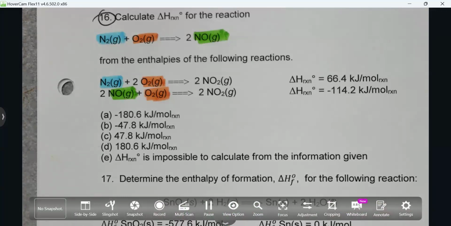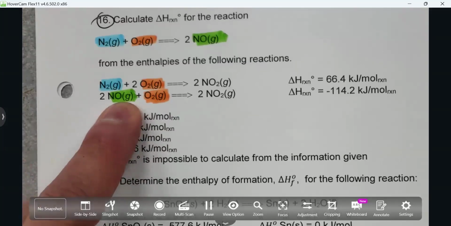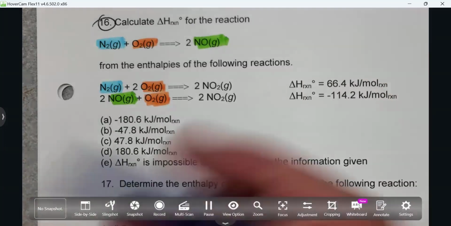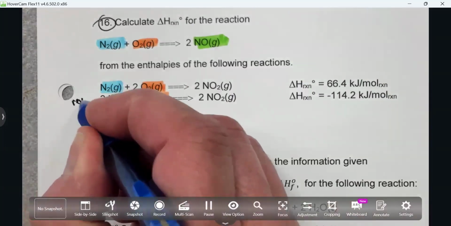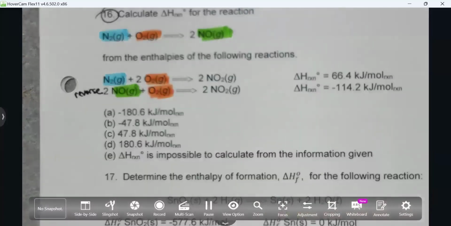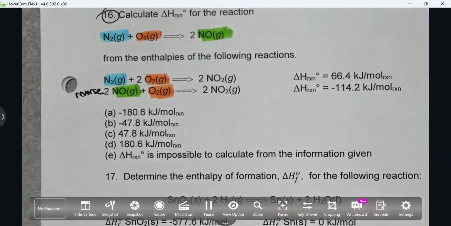It looks like, don't we have to just reverse the second one? That's it? Don't even have to multiply it, do we? We can just reverse the second one, yes? Okay, it looks like we just should have to reverse the second one here. Reverse the second one, add them together, you should have it.